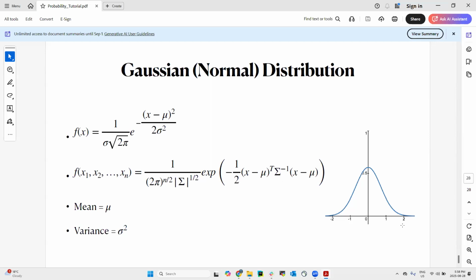Let's go back to the example of the salary. Let's say my x-axis is the age, and my y-axis is the salary. If I assume a Gaussian distribution, it means that I'm assuming that at a certain age, let's say 45, you have the maximum salary, and then the rest of the tail looks like this.